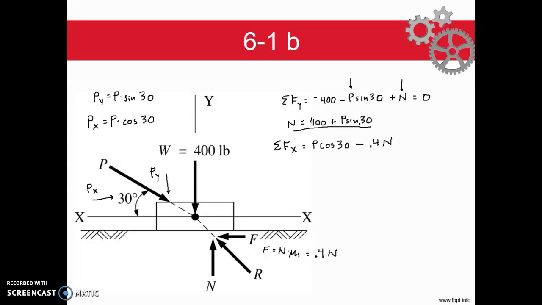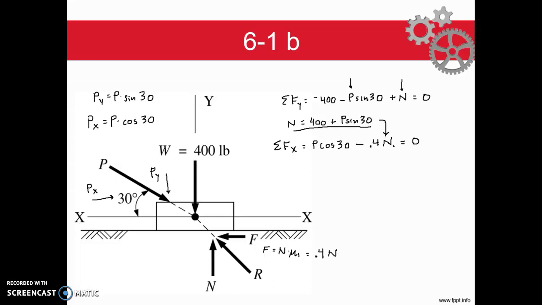Okay, so here's where we can take our equation for N and substitute it into this equation right here. Oh, and I should have written out that this is all equal to 0. So there's my equilibrium equation, P cosine of 30 minus 0.4 N equals 0. What is N? N is equal to 400 plus P sine of 30.